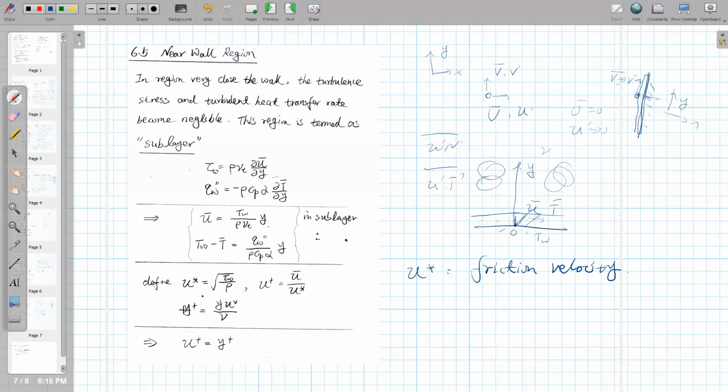Similarly, we define a dimensionless y coordinate, y plus, equal to y times u star divided by mu. This is mu, not v. After this non-dimensionalization, the correlation becomes u plus equal to y plus. So in the sublayer, the velocity is linear along the y direction.